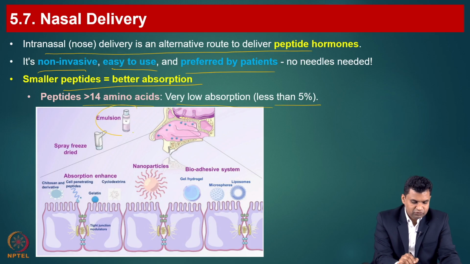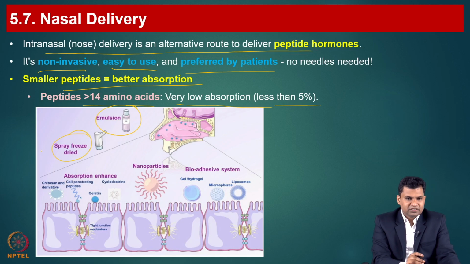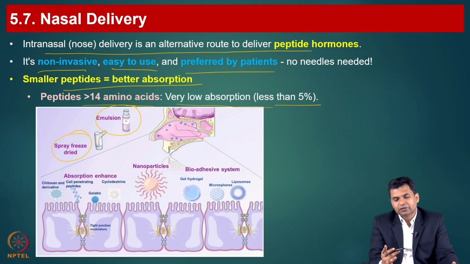So, we need to understand the properties of the proteins and peptides. We can convert them into different formulations, microemulsions, spray dried powders. We can give them by the nasopulmonary route, and in the nasal case, we can give sprays and even in situ gels, so that they easily bind to the nasal cells. Even for brain delivery, we can use intranasal delivery, which will bypass the barriers in brain delivery.